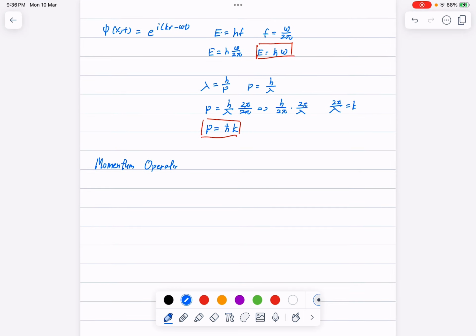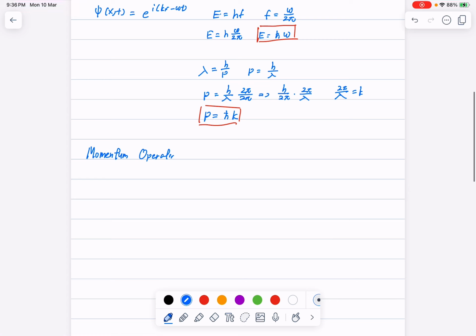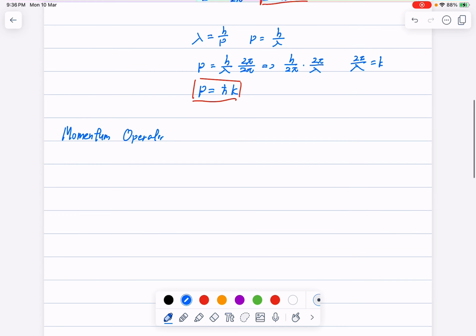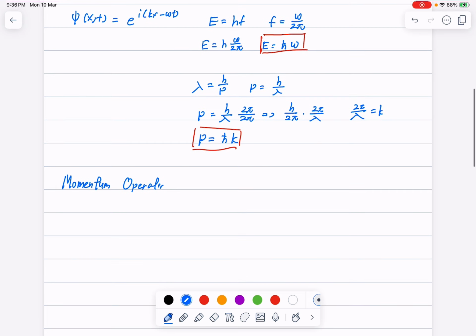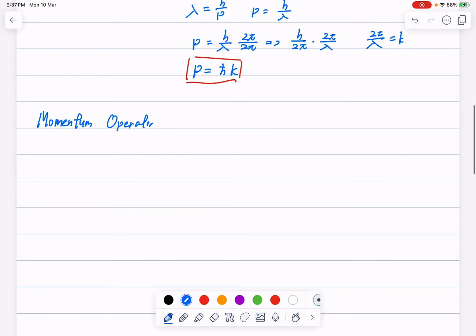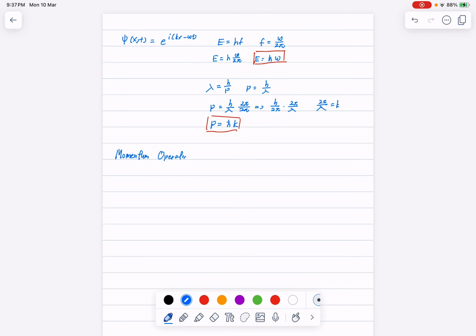So the momentum operator first, where do we start? If we take the partial derivative with respect to x, and multiply it by h bar over i, where we take the derivative of psi of x and t, we get a peculiar relationship.